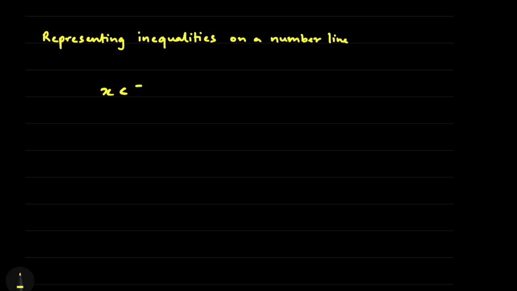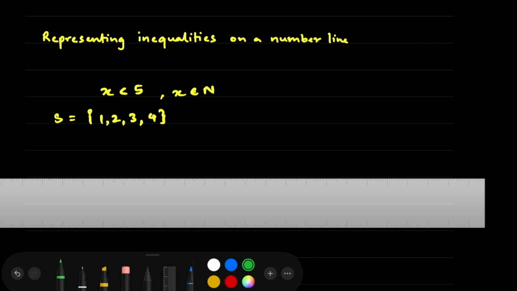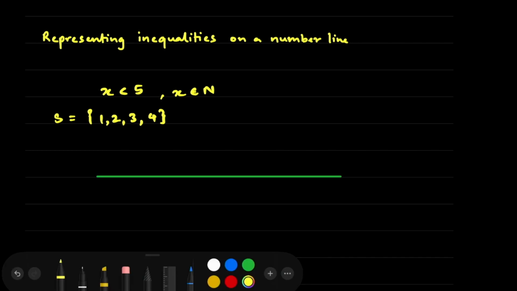Now let's look at how to represent these inequalities on a number line. So say we have an example of x is less than 5, and x belongs to natural numbers. So our solution set would be 1, 2, 3, and 4. So how do we create this? Let me just bring up a very quick number line. Let's start.